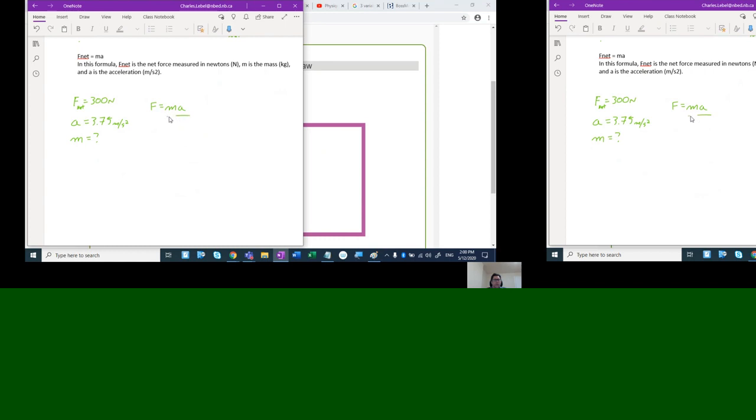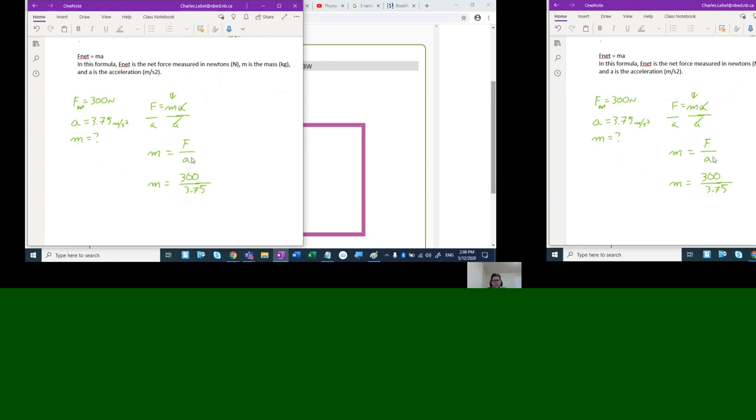You want m, that's our target right here. So we're dividing by a on both sides. Getting rid of a, we got our target alone. M is f over a. And now we can just put the numbers in. 300 over 3.75.